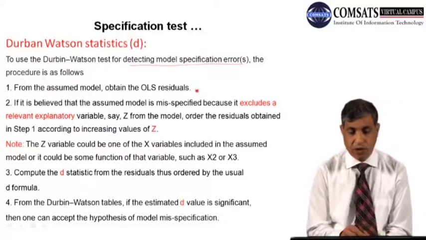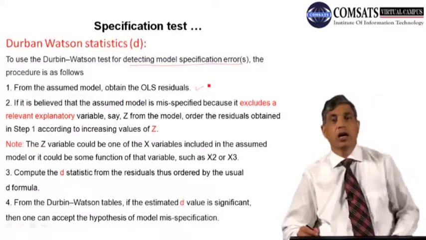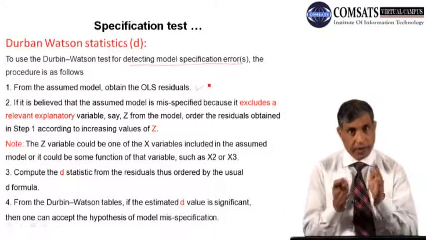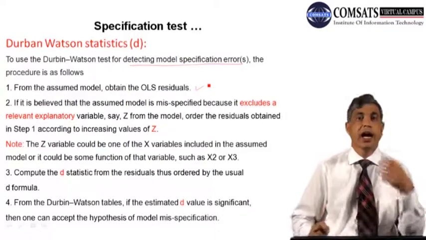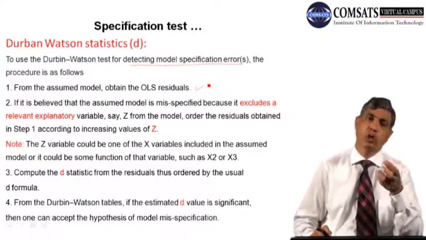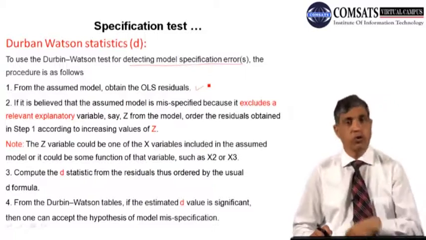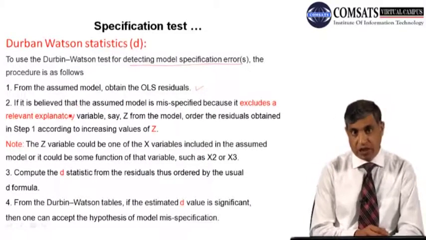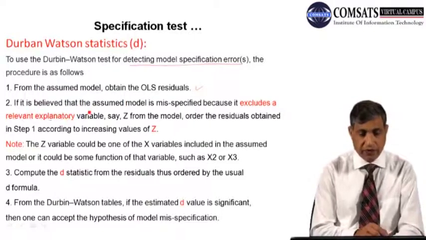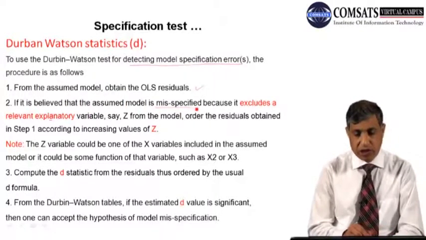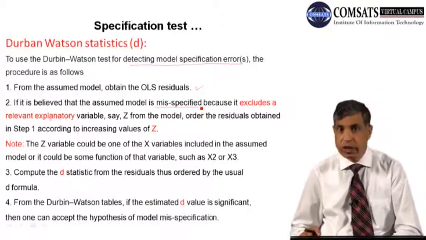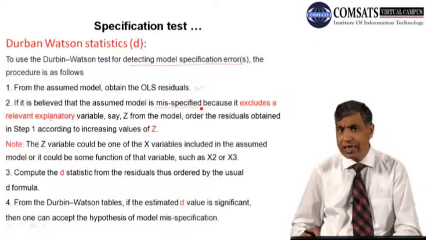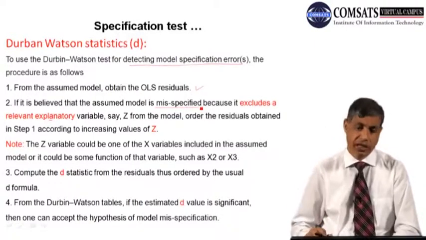From the assumed model, obtain the OLS estimates. What this means is: set up the model, apply ordinary least squares and estimate beta 1 hat, beta 2 hat, and all the others. Now, if it is believed that the assumed model is misspecified, when you estimated it you suspected something was wrong, that some variable you could not include.